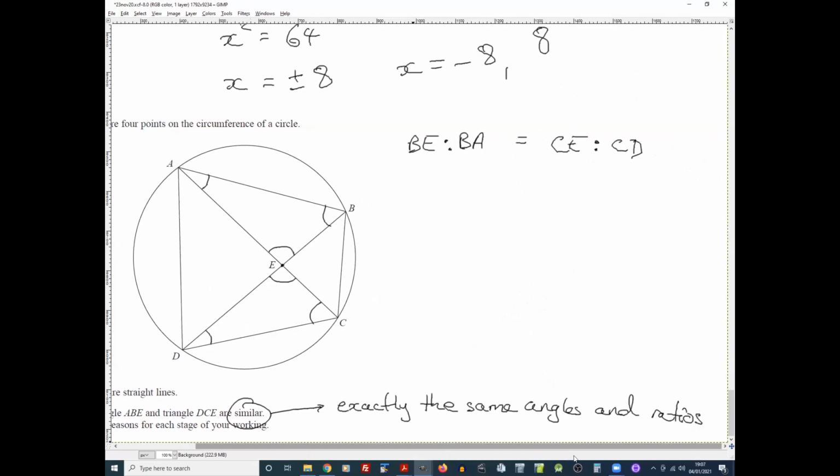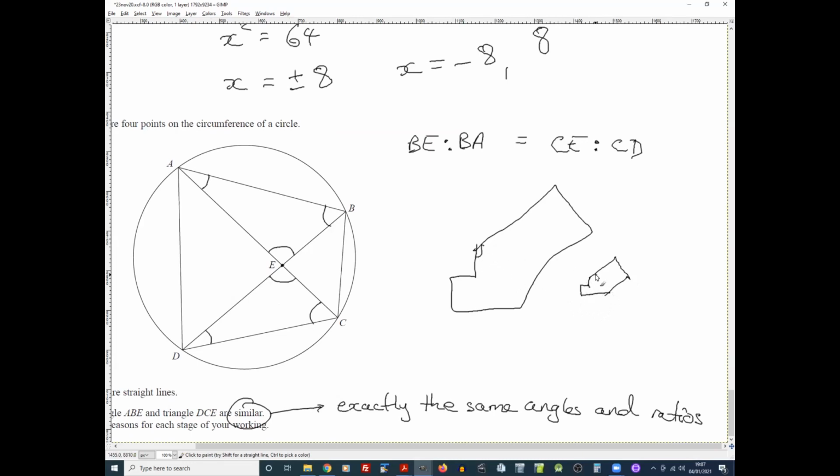So triangles are similar, or any shapes indeed are similar. Any shape, no matter how complicated, that's going to be similar to this one, roughly, if all of these angles coincide.